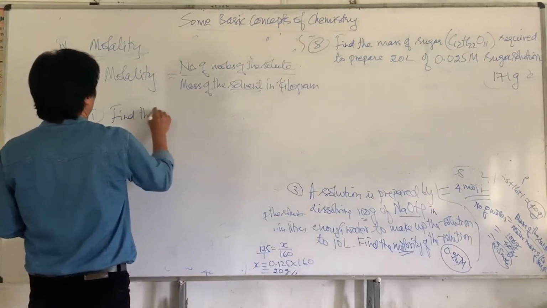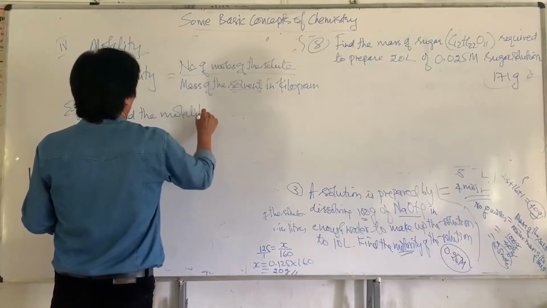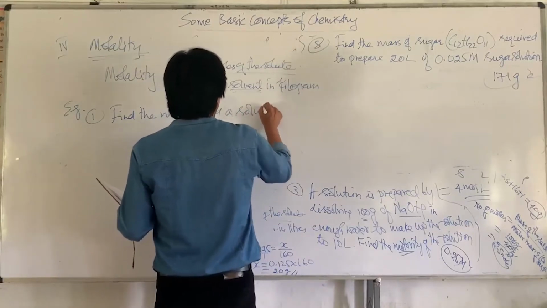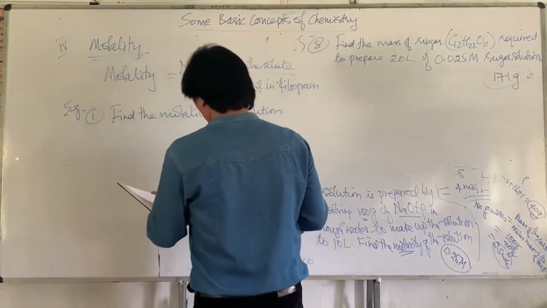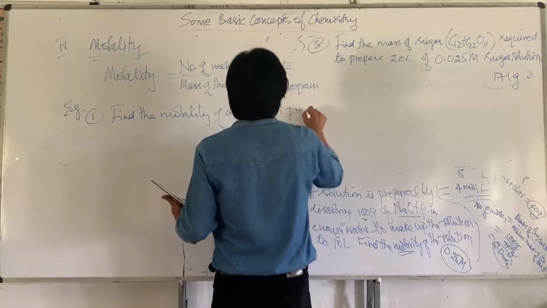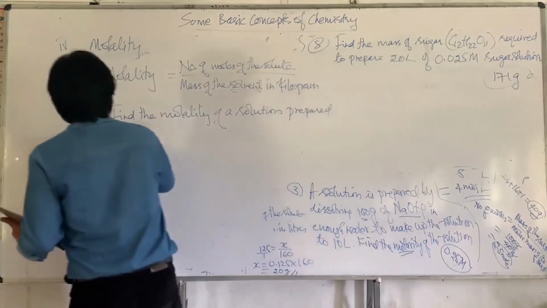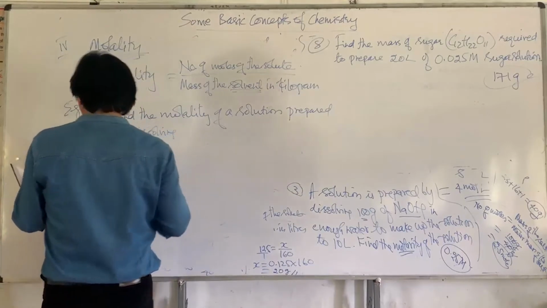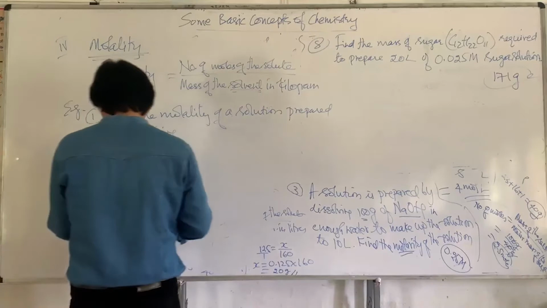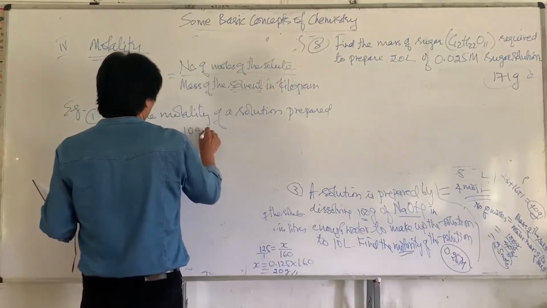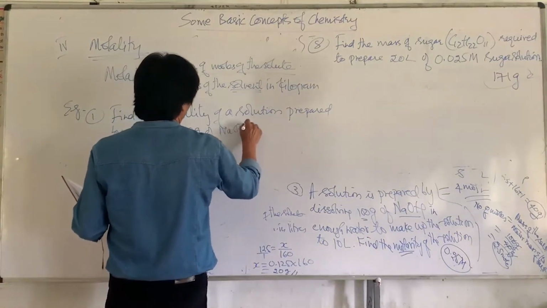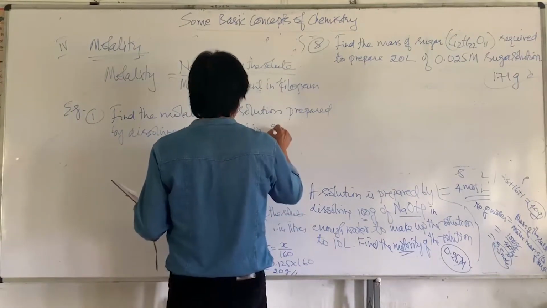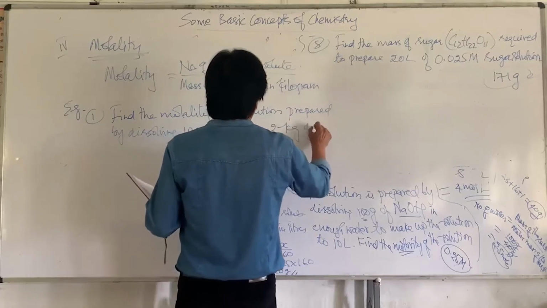Find the molality of a solution prepared by dissolving 10 grams of NaOH in 2 kilograms of water.